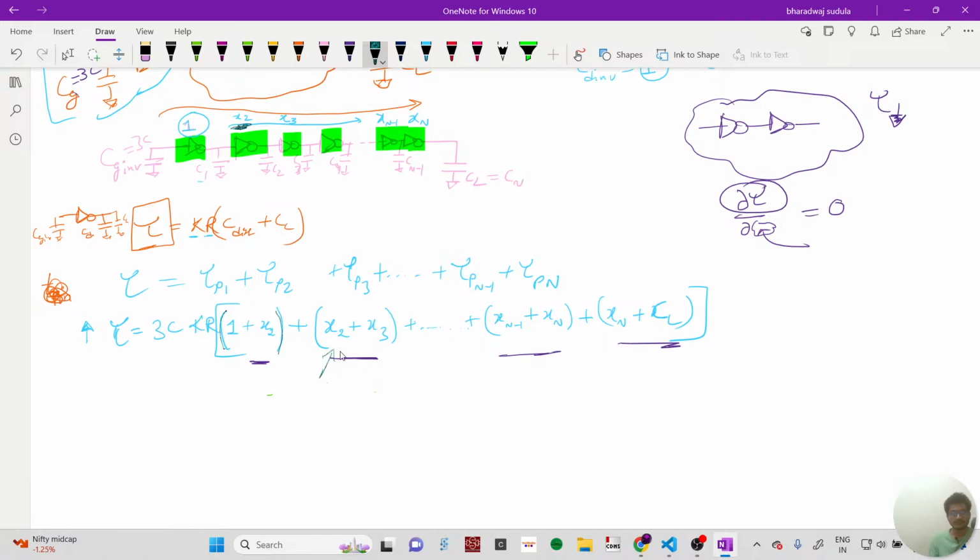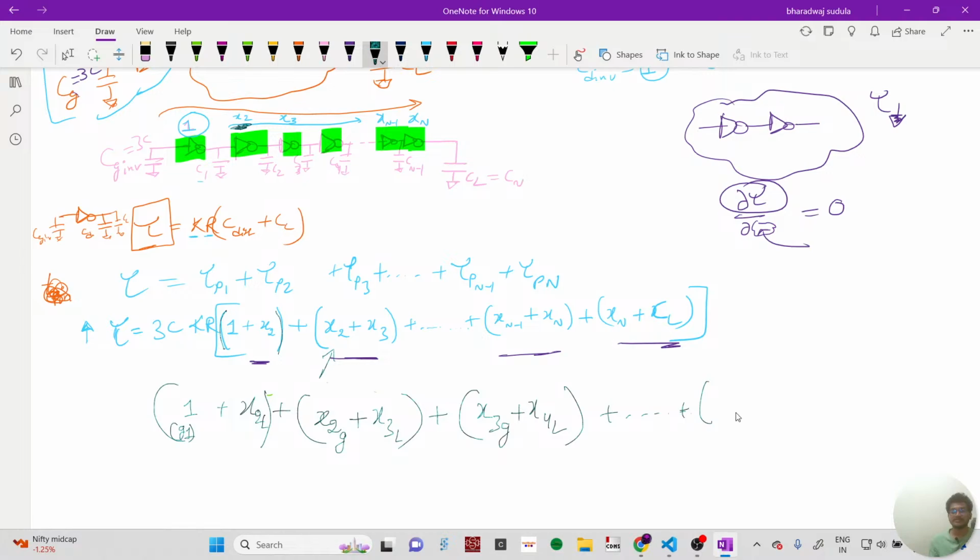So from now on, I consider this as x2, the gate cap, and x3 is the load cap. Here x3 is the gate cap of the third inverter and x4 is the load cap, and so on. And here as well, this is x2, which is the load cap, and this is 1, which is the gate cap of the first inverter.